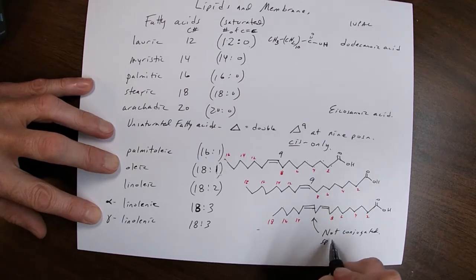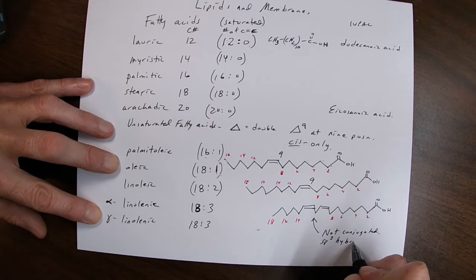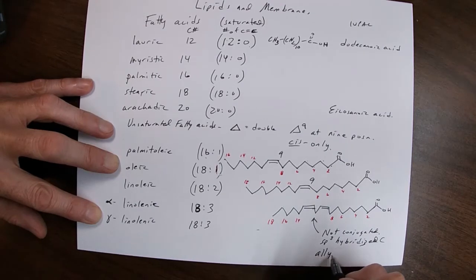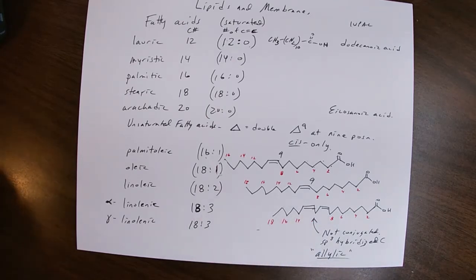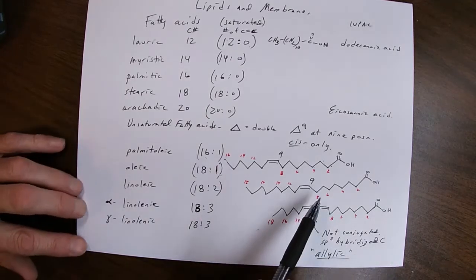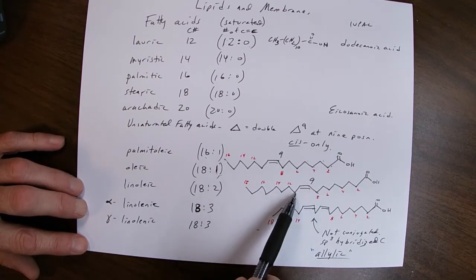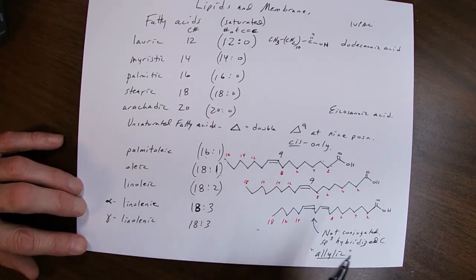That this is an sp3 hybridized carbon. And notice that it is allylic. It is adjacent to a double bond. In fact, it's adjacent to 2 double bonds. Okay, so notice again that those positions are allylic, just like positions 8 and 11 are allylic up here.